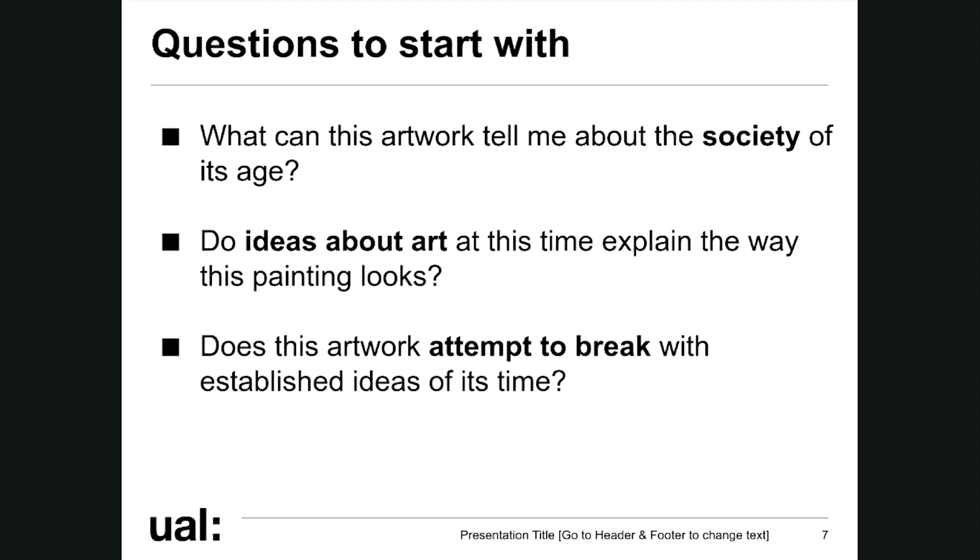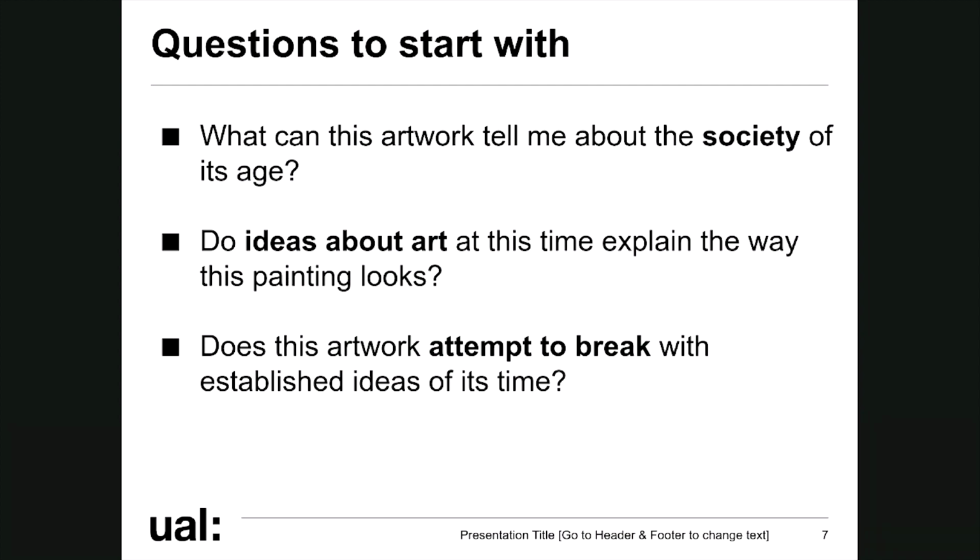So here are some more questions, and these are perhaps more straightforwardly art historical. What can this artwork tell me about the society of its age? Very important, and I think this question helps because it can be applied to pretty much every single artwork that you will encounter. And I guess this approach is the contextual approach.